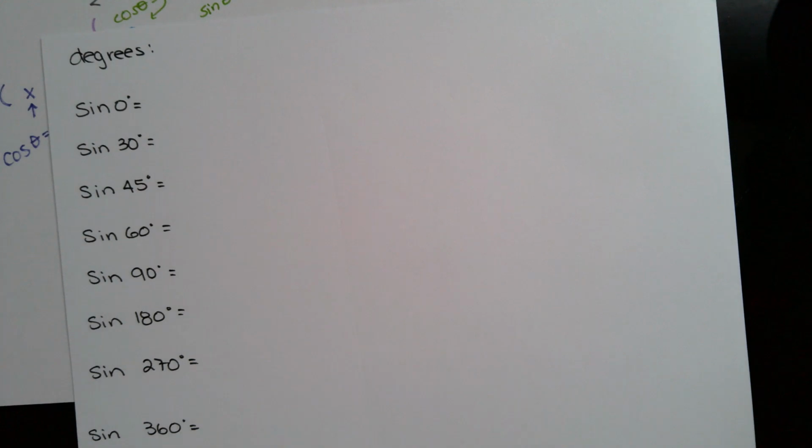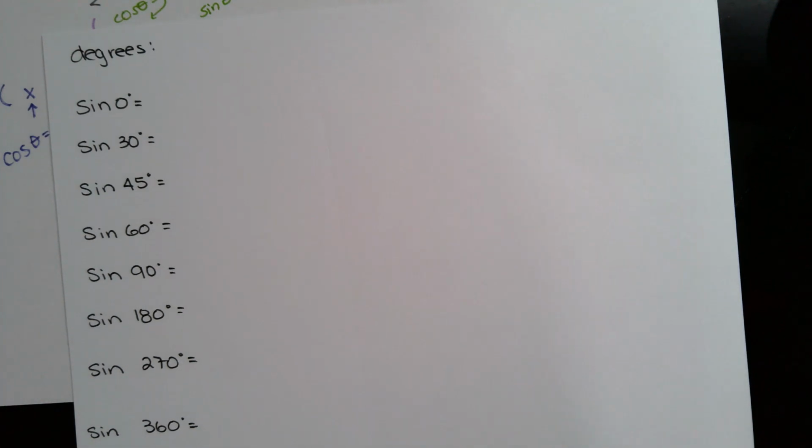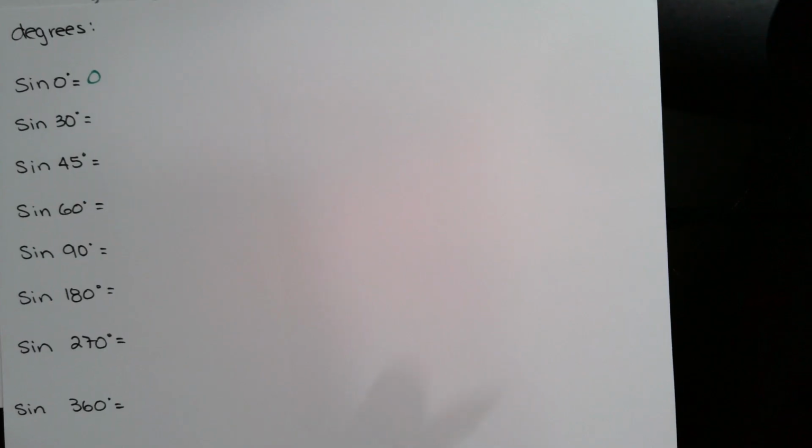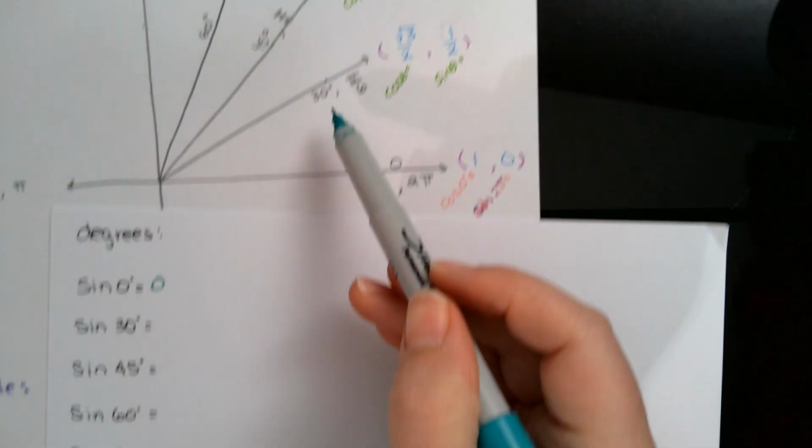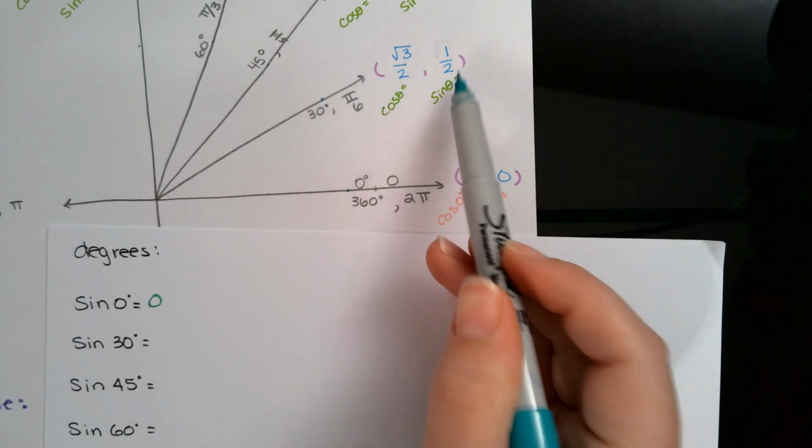So sine of 0 degrees, in the y location, we have 0. Now this 0 does not have any units attached to it. It's just 0. Next, we're looking at 30 degrees. Here's 30. Here's your y location.